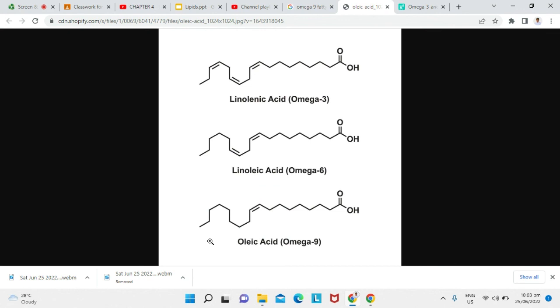Asa man ang methyl end kani. 1, 2, 3, 4, 5, 6, 7, 8, 9. So, that's why si oleic acid omega 9 nimo. Okay? That's it. Okay? So, note that oleic acid is an omega 9 fatty acid. Okay?